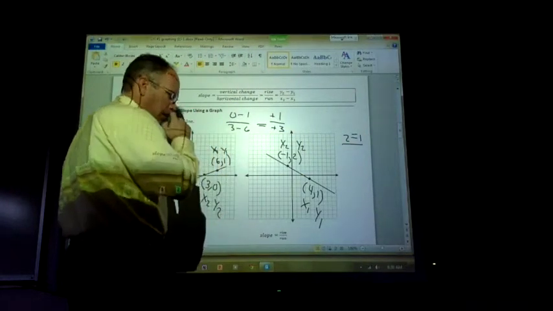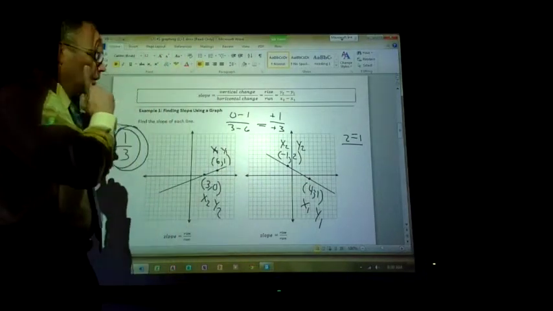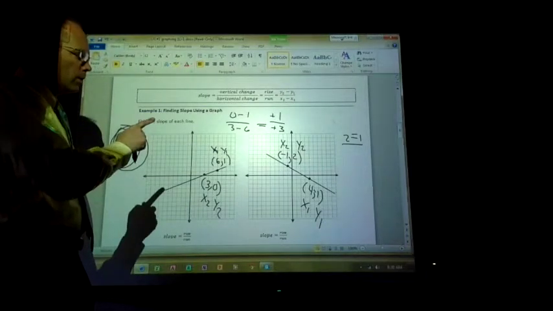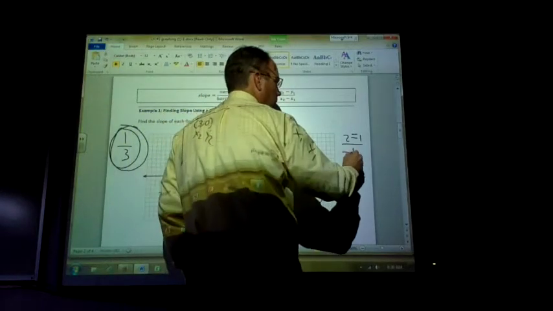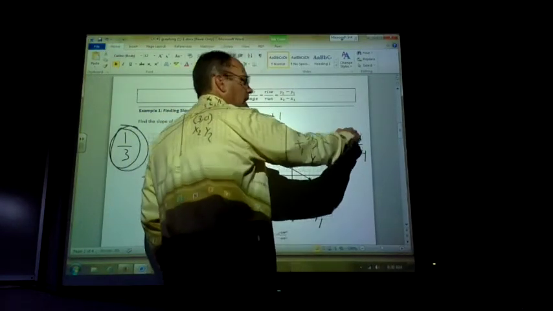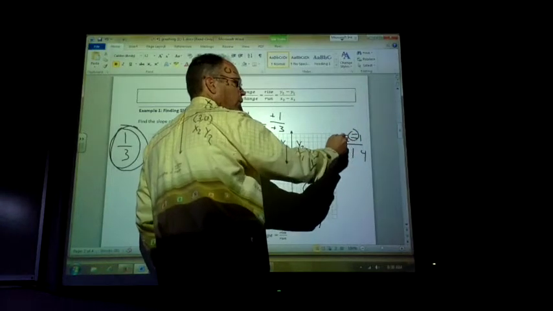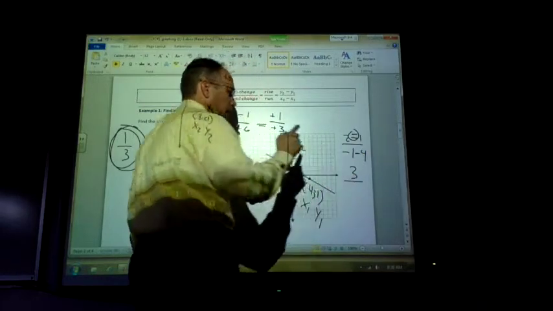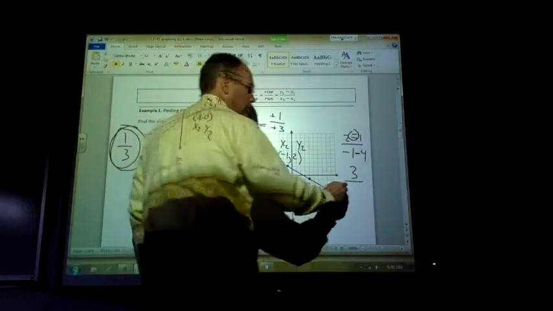And then on the bottom, -1 minus 4. So what does this negative do? That makes it positive, so 2 plus 1 is 3. And then on bottom, I'm going to get -1 minus 4, which is -5.